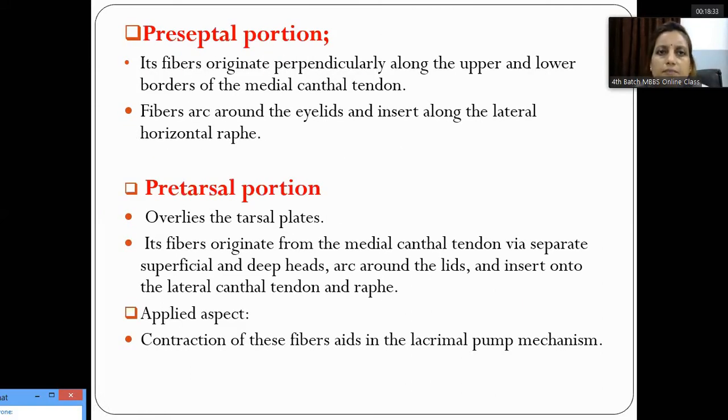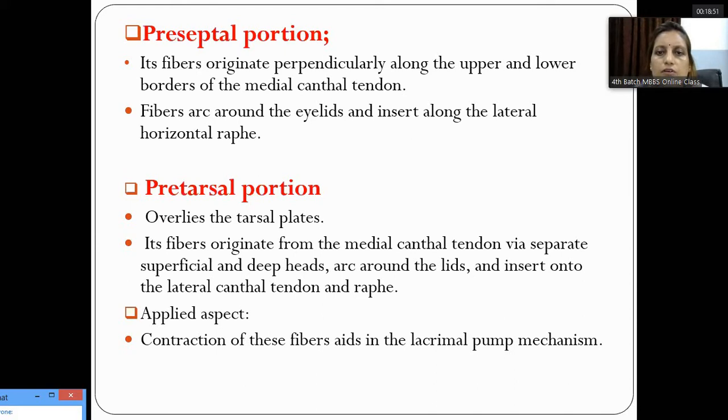So the preseptal fibers originate perpendicularly along the upper and lower border of the medial canthal tendon, arc around the eyelid and insert along the lateral horizontal raphe. The pretarsal portion overlies the tarsal plate.